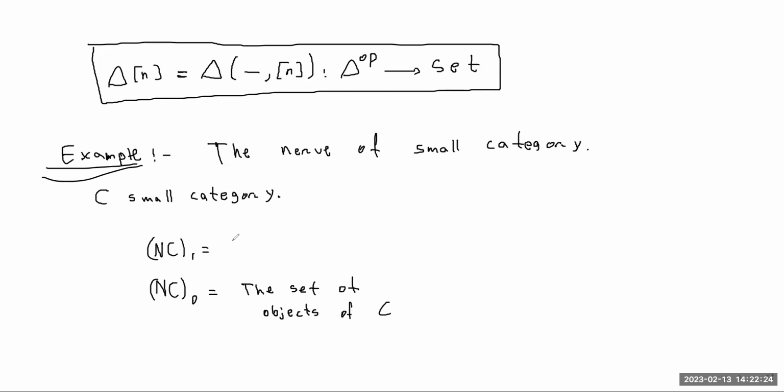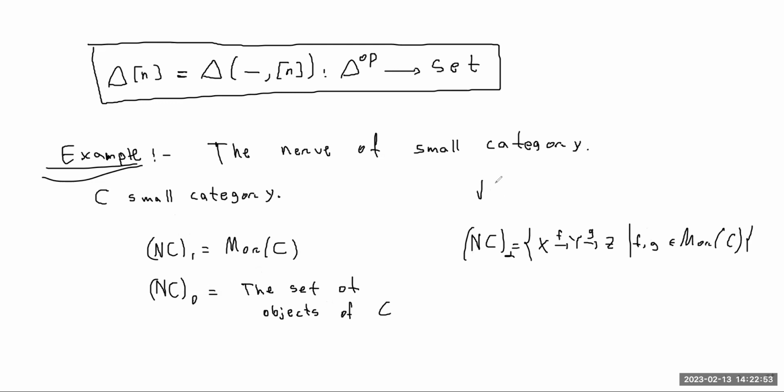NC1 will be the set of morphisms of C. NC2 will be every two composable maps in C. NC3 will be every three composable maps.